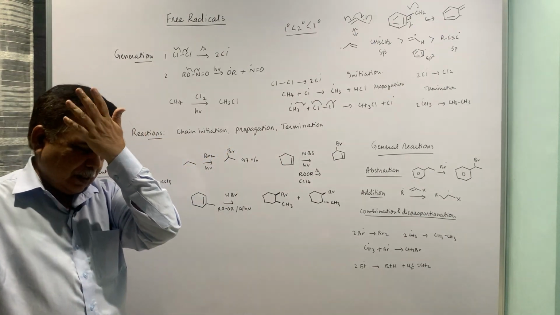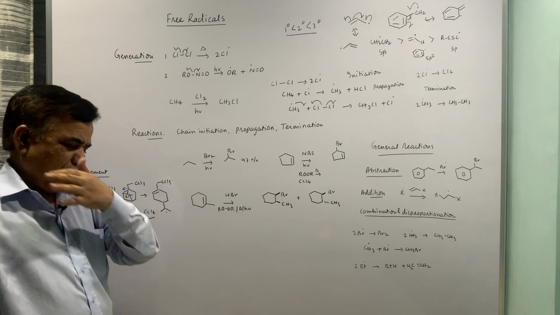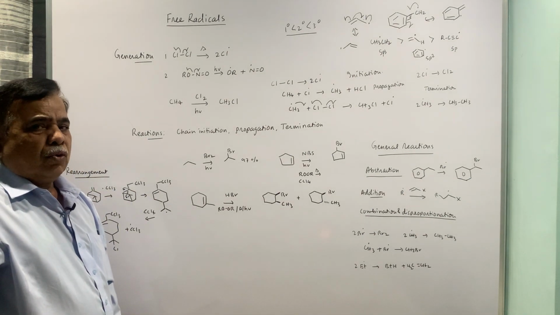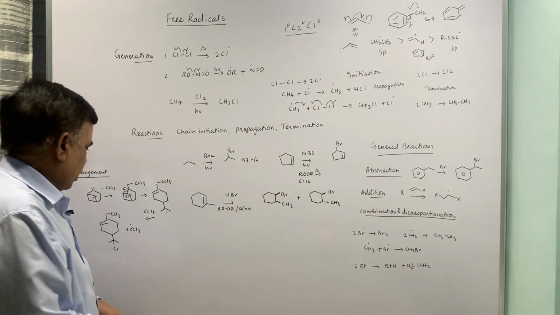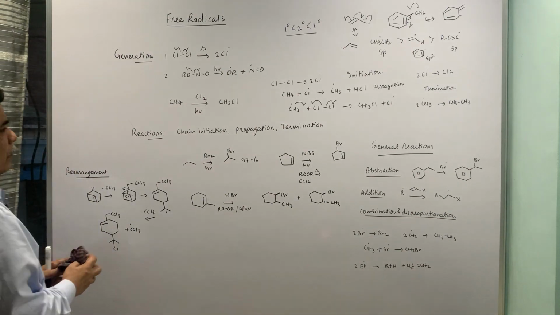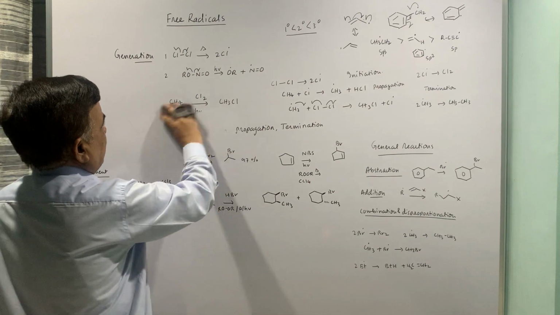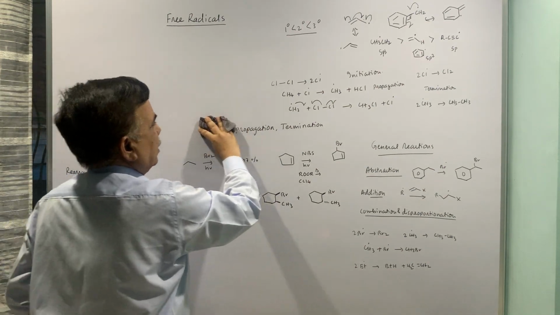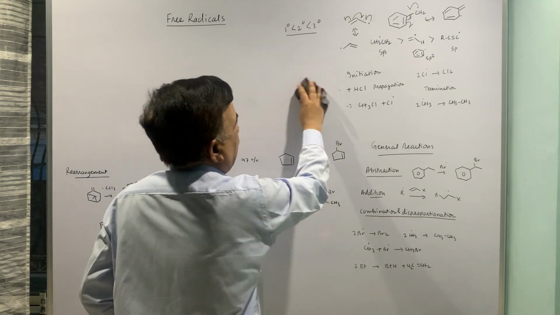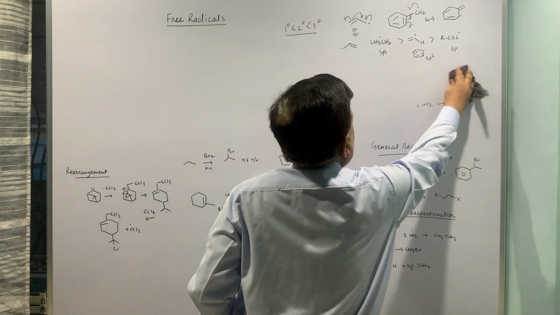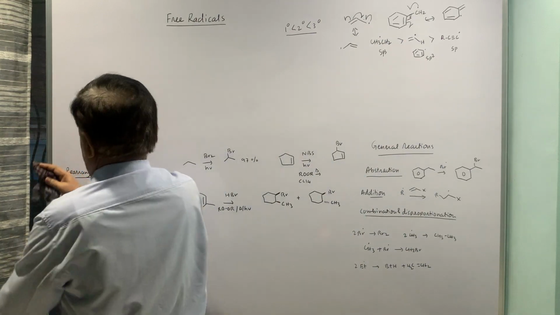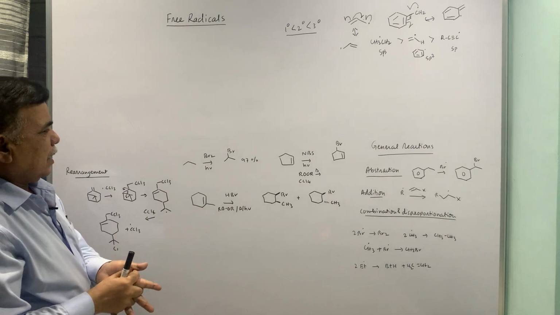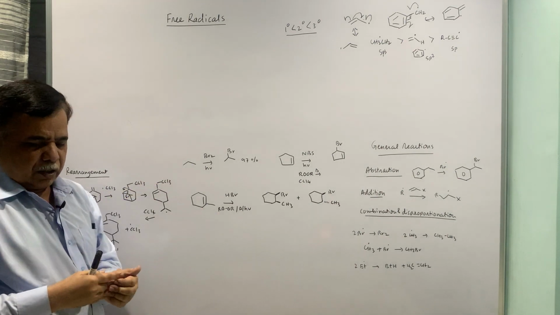Another example I will tell you, that is the addition of HBr in presence of H2O2 to alkene. That is also another peculiar example of chain reaction or free radical reaction, because there the mechanism is radical mechanism. I will just put one example on that and then we will move to the other reactions.